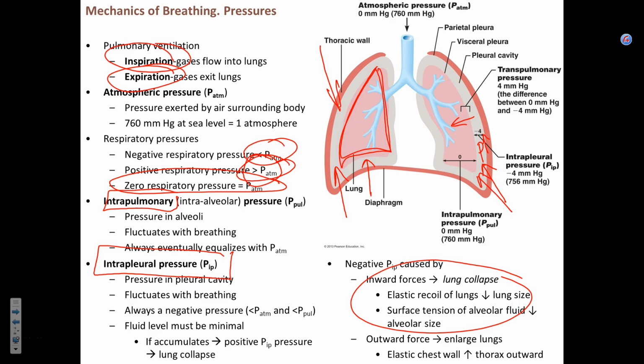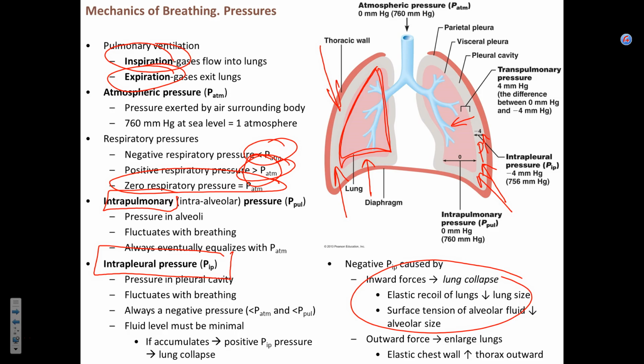So the key points, the real important physiological highlights, are that first, when there is no air movement, the pressure in the alveoli and the atmospheric pressure outside are the same. That makes sense?